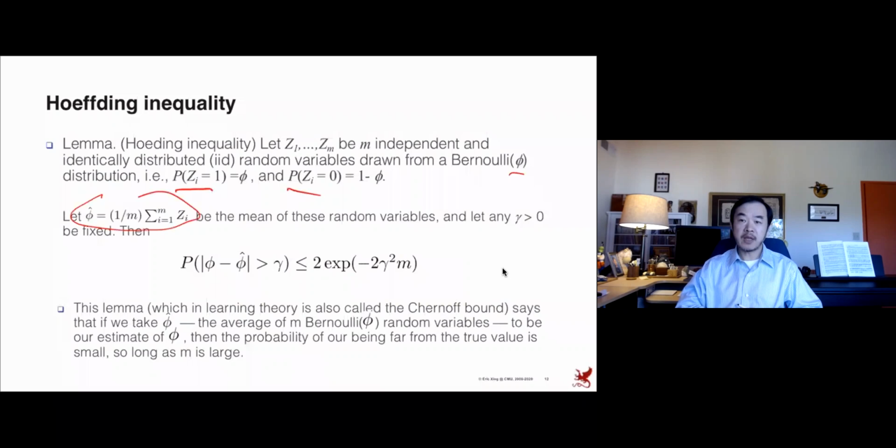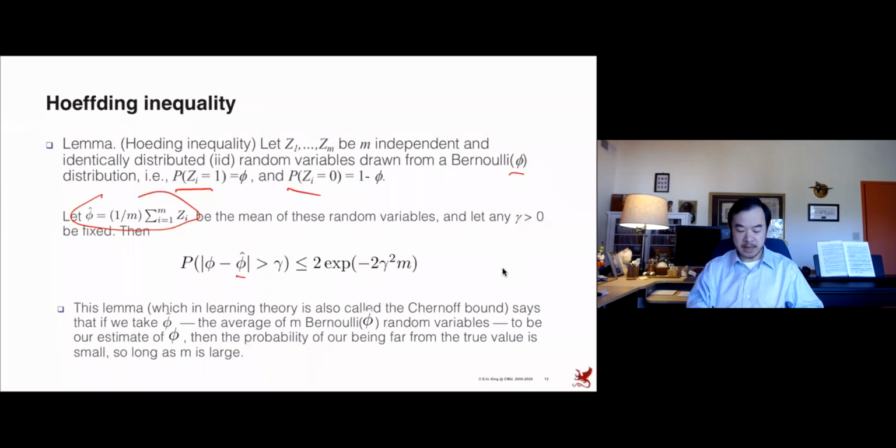Okay. So the Hoeffding inequality tells you the following property. It says that the sample estimate of this rate, which is the mean of the binary random variable, is going to be close to the true rate with a high probability.